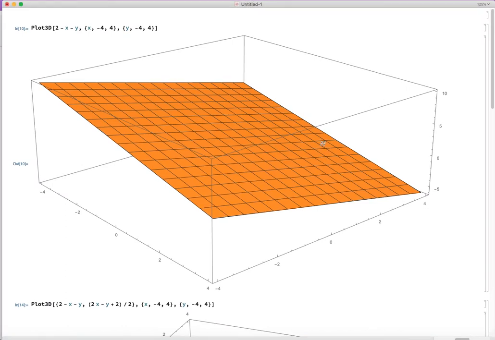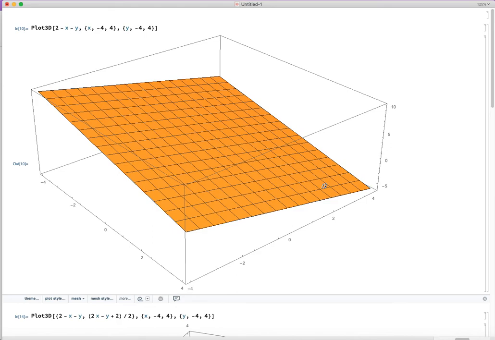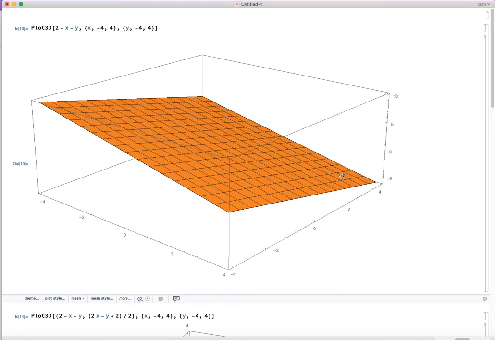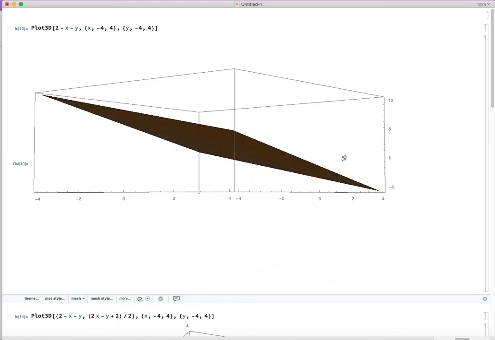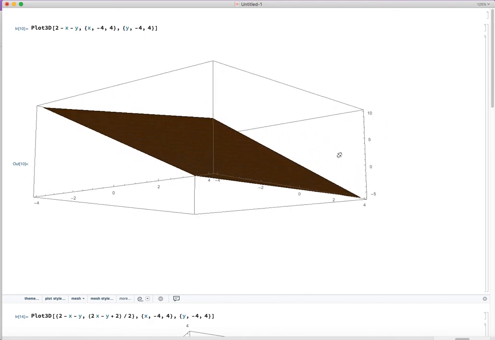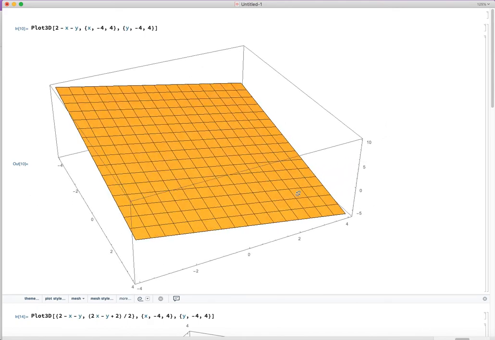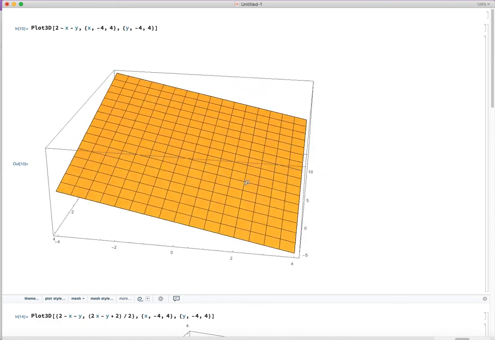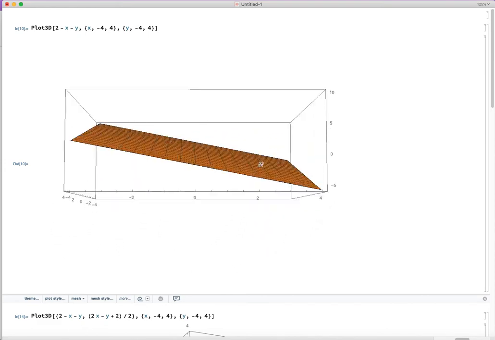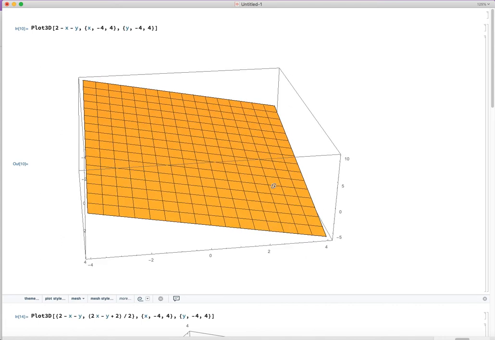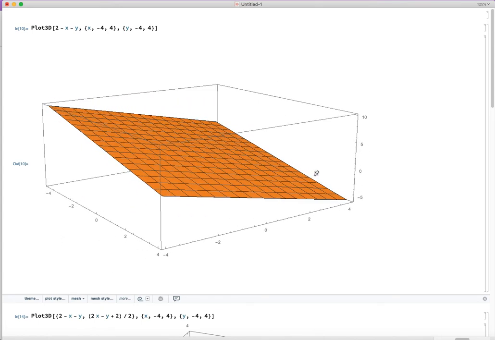I used a computer algebra system to graph this equation, and you can see that the graph of this equation, x plus y plus z equals 2, is a plane in three dimensions. I'm going to rotate this plane so that you could get a sense of how it looks and how it's positioned in three dimensions. Again, every point on this plane represents a solution, and every solution represents a point on this plane.